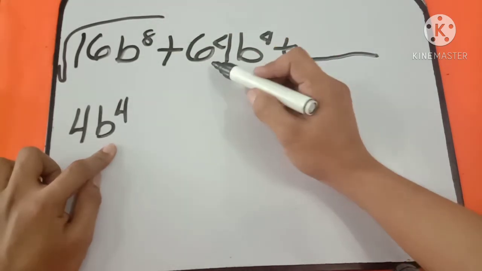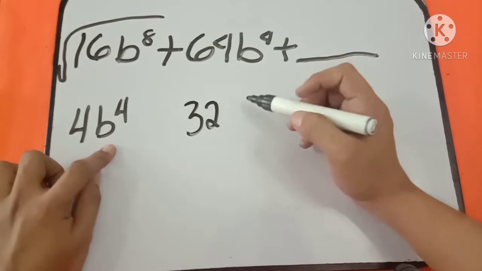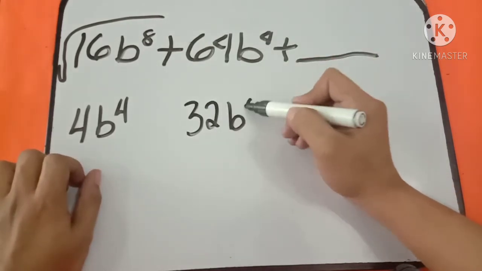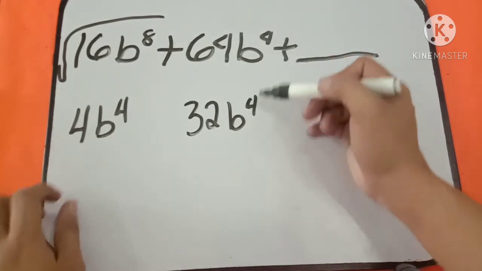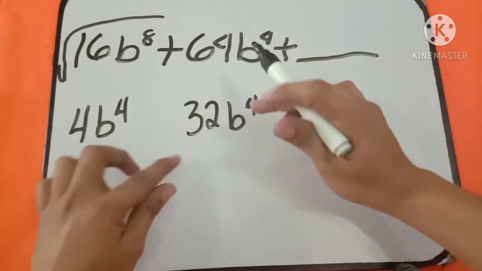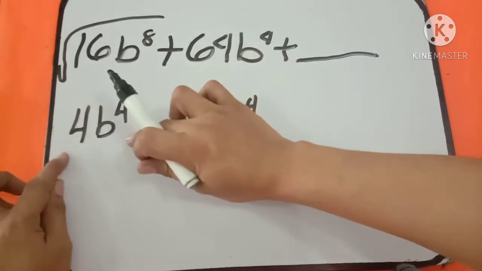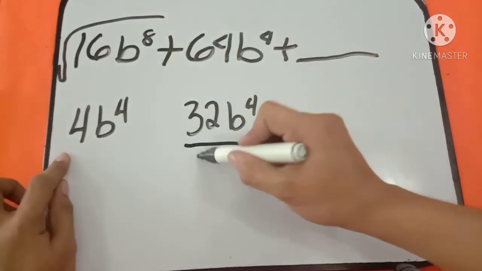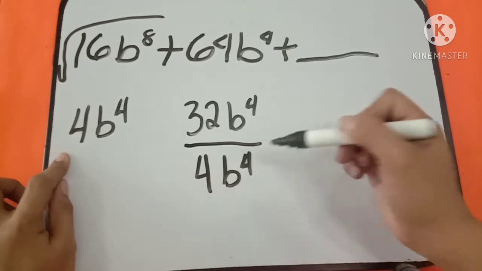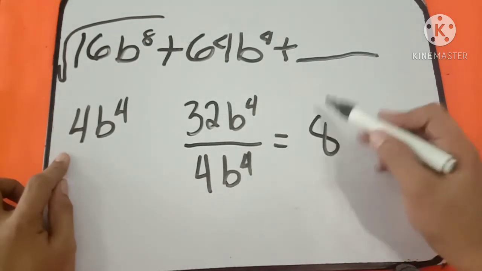Then, the half of 64 is 32. Then just copy the variable together with the exponent, or simply bring it down. Then you have to divide 32b raised to 4 by 4b raised to 4. 32 divided by 4 will give you 8.